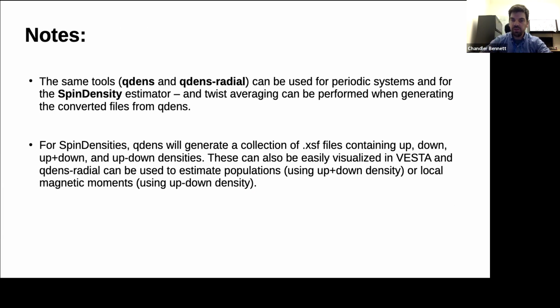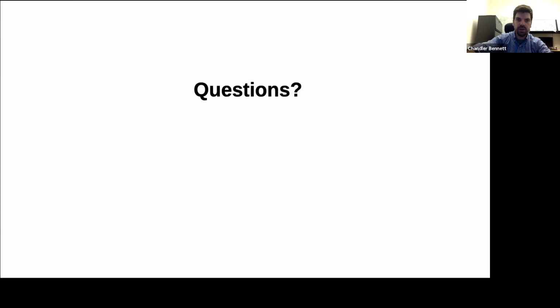These can also be easily visualized in VESTA. QDens radial can then be used to estimate populations for the atoms just by using the up plus down density, but you can also analogously get access to the magnetic moments by running the tool on the up minus down density. That's all I have here, and I'm happy to take questions.